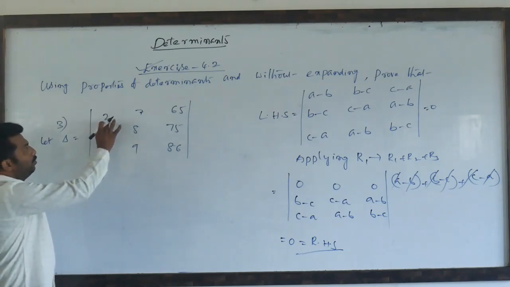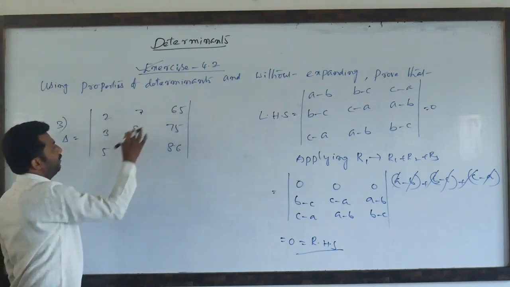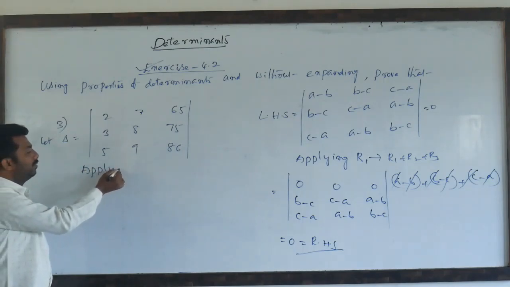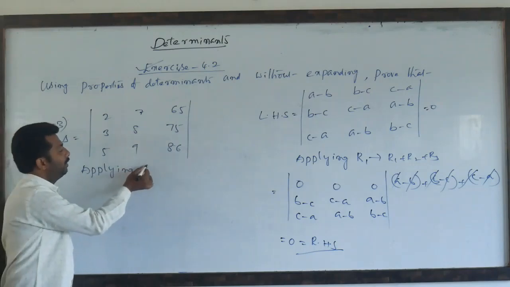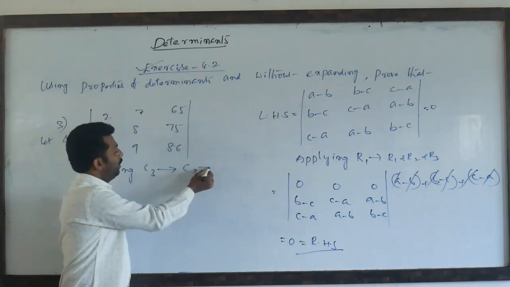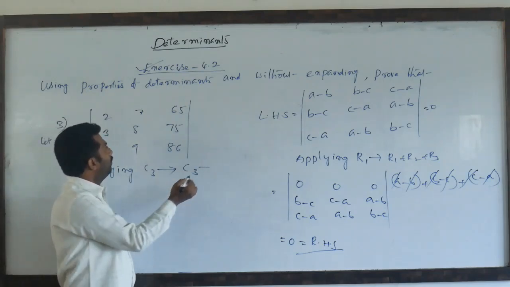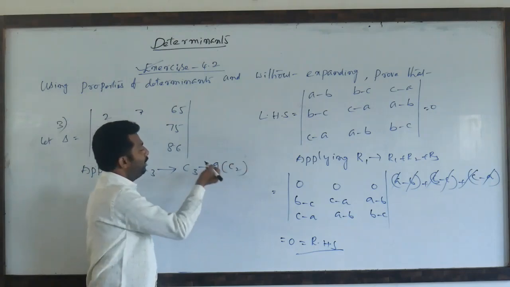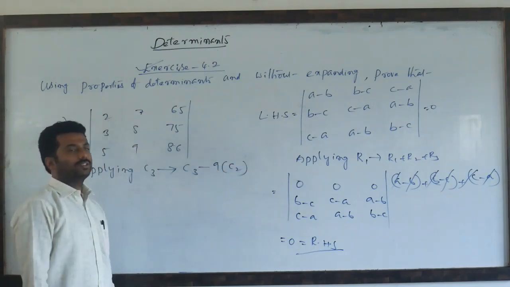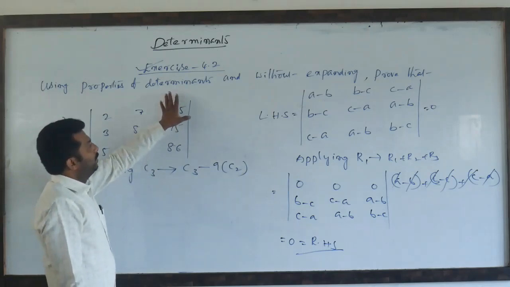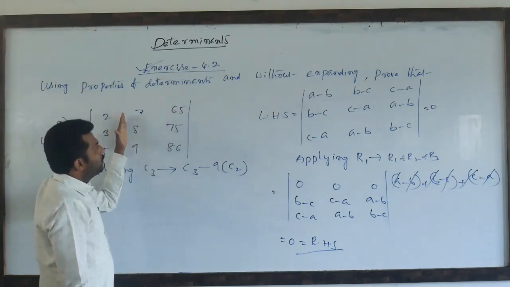We have 2, 7 and 65. So observe the third column elements. Applying C3 changes to C3 minus 9 times the corresponding C2. One simple value I will write. See, this is C3 and this is C2.